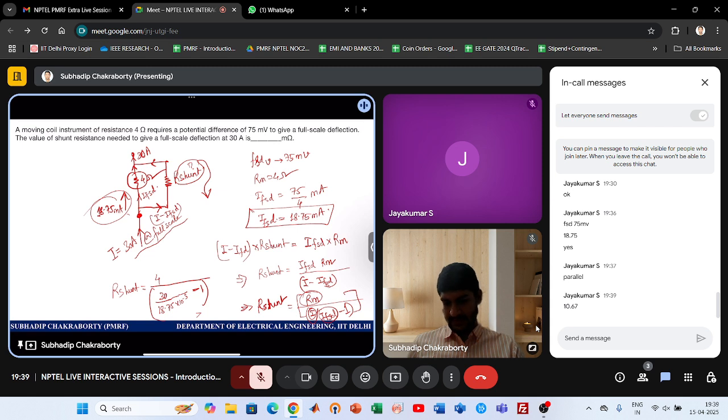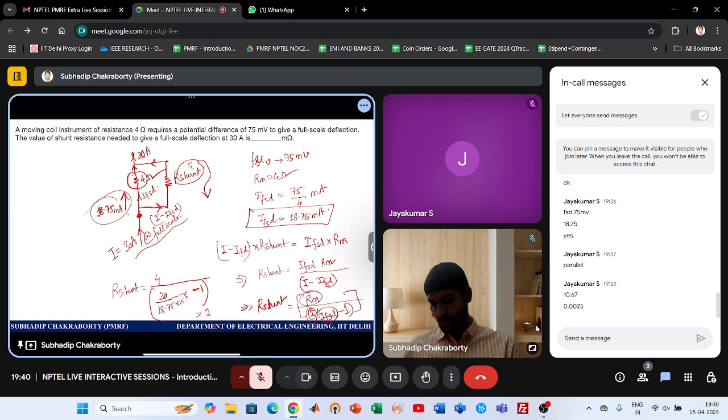So 30,000 divided by 18.75 minus 1, which is 1599, and 4 divided by 1599 is coming around 2.5 milliohms. So R shunt is 2.5 milliohms around, right?